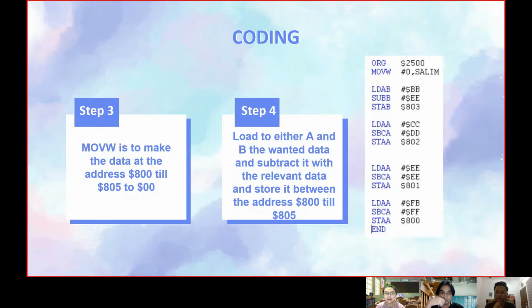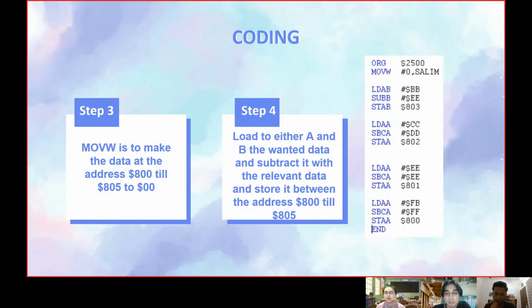For step 3, we use MOVW. MOVW makes the data at the addresses from $800 till $805 become $00. For step 4, we start by using LDAB. We load B with the value of BB, and in the next line we subtract from B, which is BB, the value of EE.